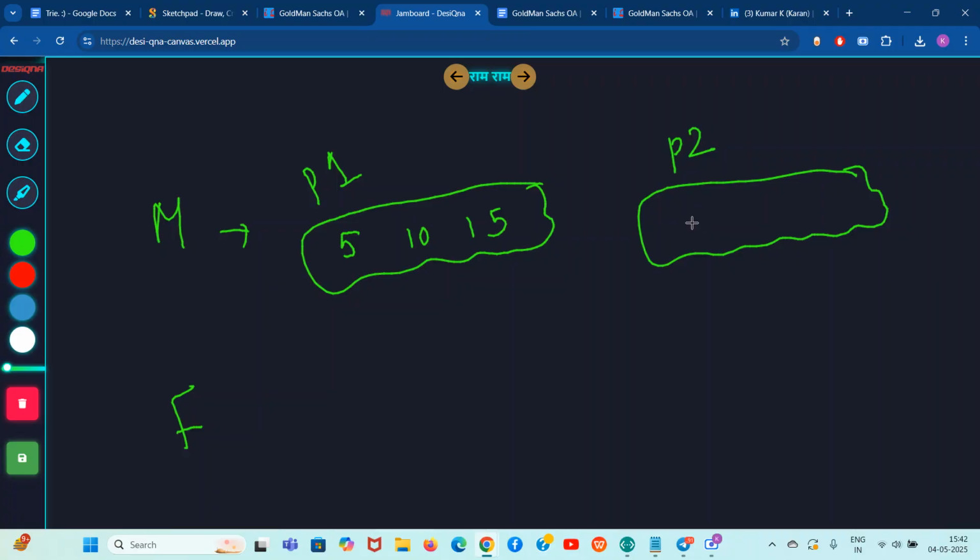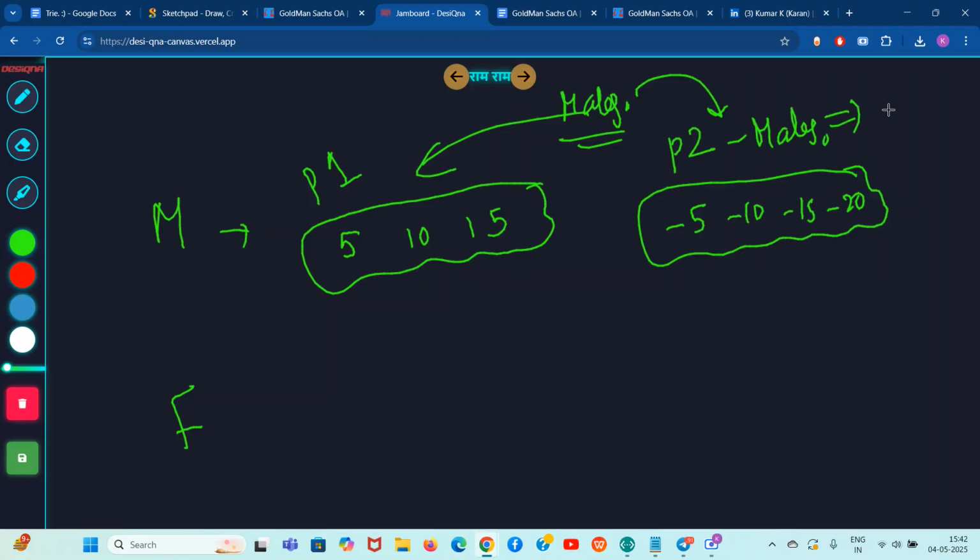P2 values are negative values. See, P1 and P2 are both males, but their requirements are different. The P2 males want girls who are lesser than them. They want lesser girls. So let's try to make a female array also.